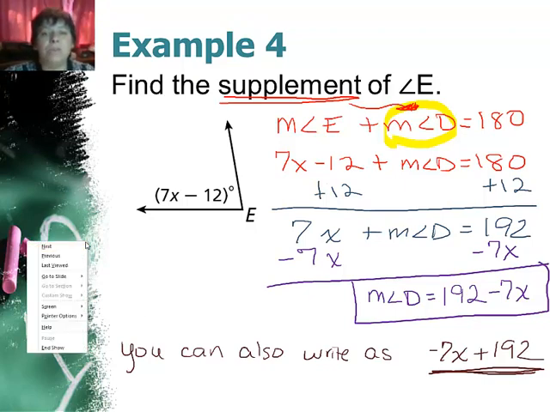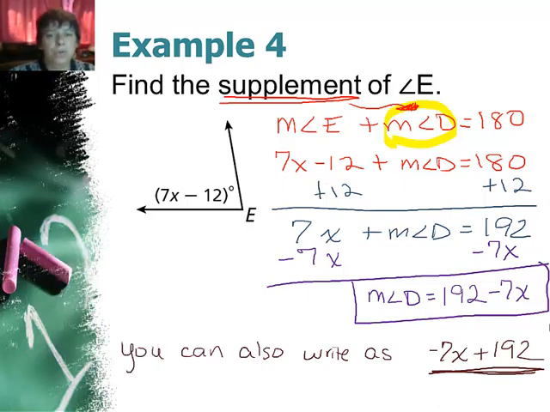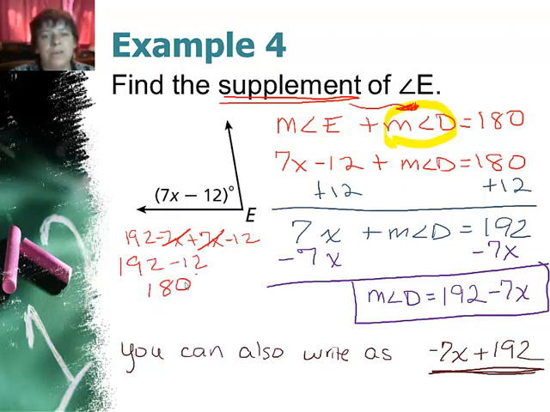Now, if you wanted to, you could actually check it. So let me show you. You could say, okay, well, what's 192? If they're supplements, then I should be able to add them together, and what should I get? I should get 180 degrees. Well, those go away. 192 minus 12, that's 180 degrees. They are supplements. They add up to 180.